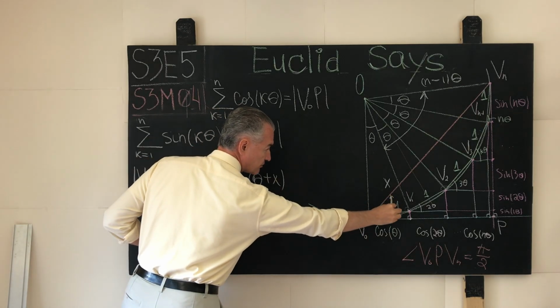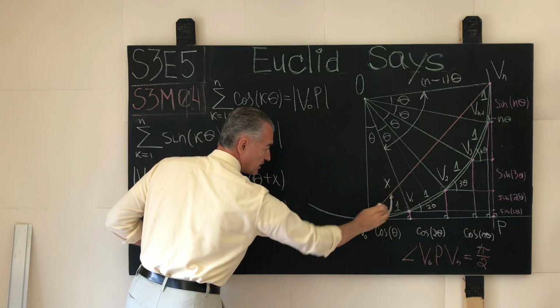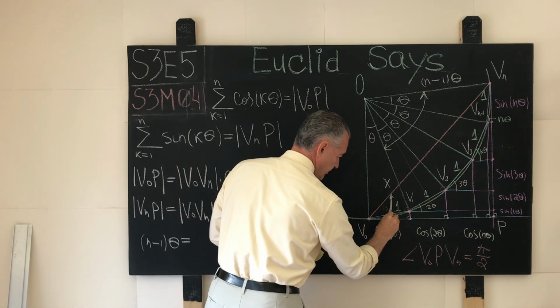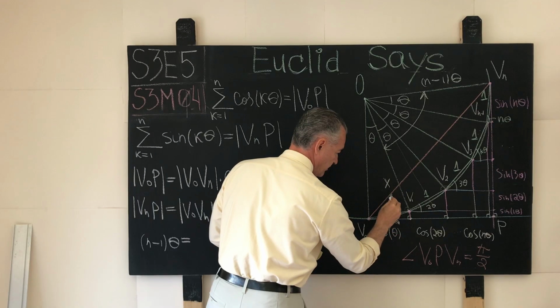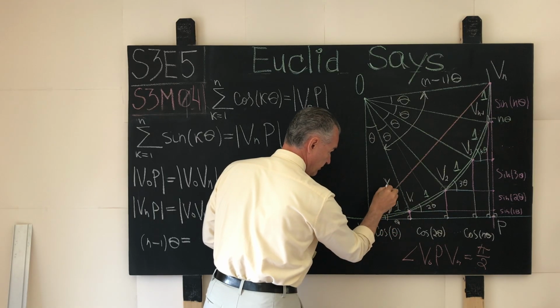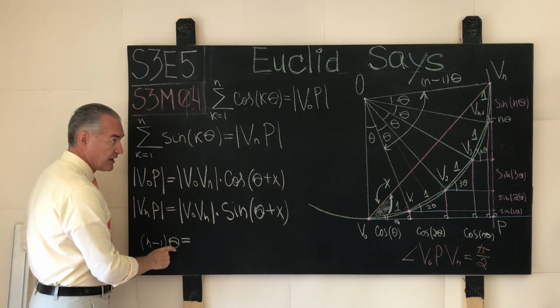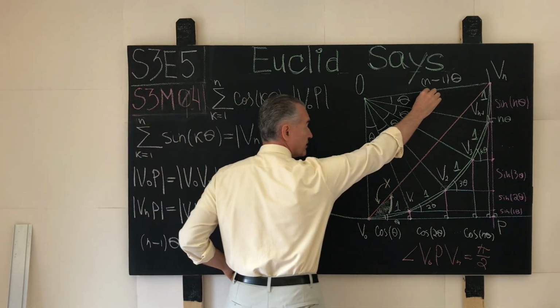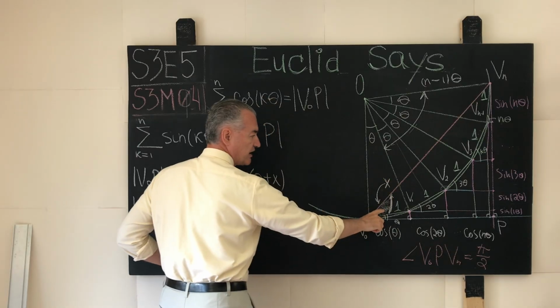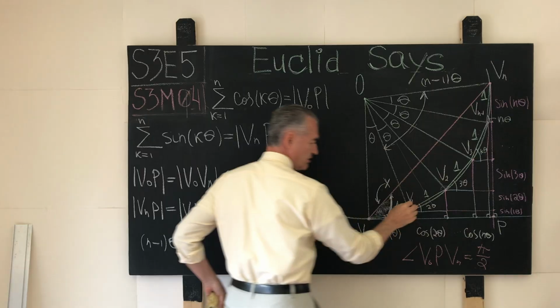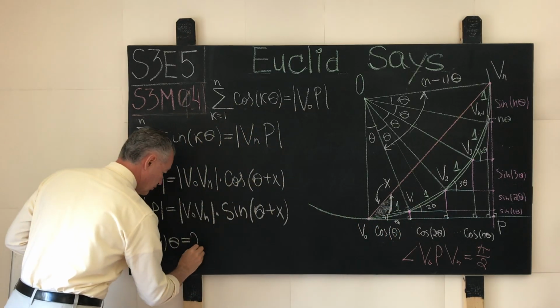Twice this angle right here, guys. If this is confusing, let me erase this. The angle theta is here. And this guy is angle theta, this guy right here. So n minus 1 theta, this is the central angle, is twice the angle in the circumference because it subtends the same circular arc, Vn V1, equals 2x.